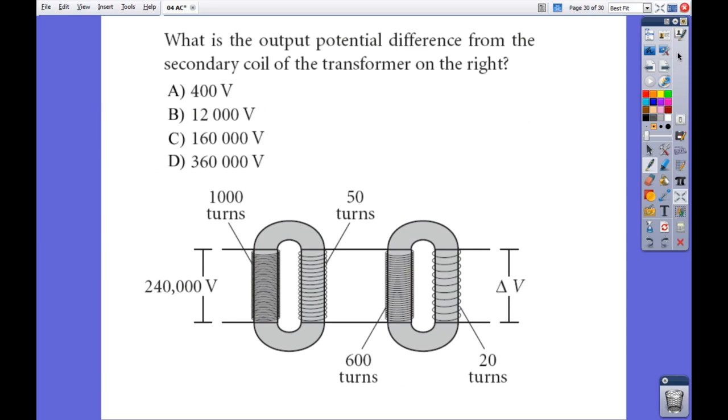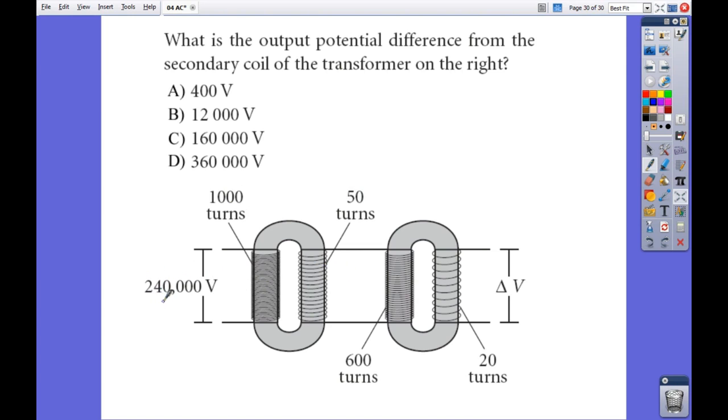Next, how about this one? What is the output potential difference from the secondary coil of the transformer on the right? 240,000 volt, 100 turns. So here becomes 50 turns. So it becomes half of them, and then do not forget to change.